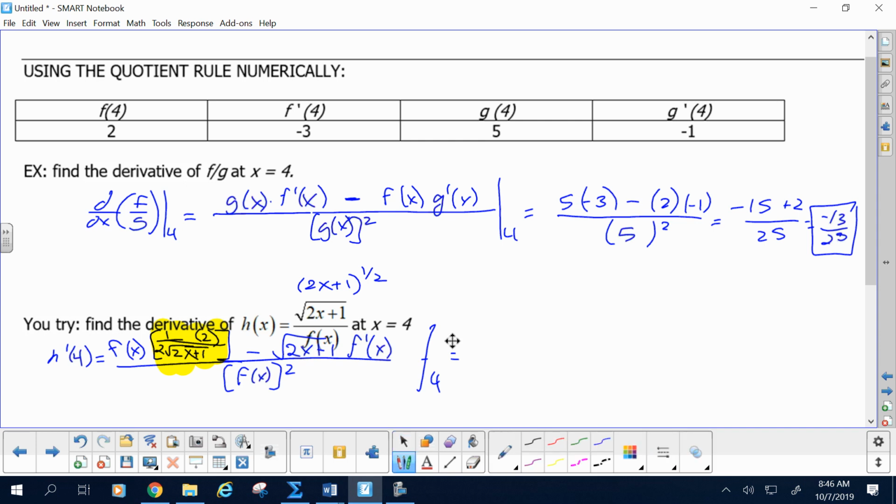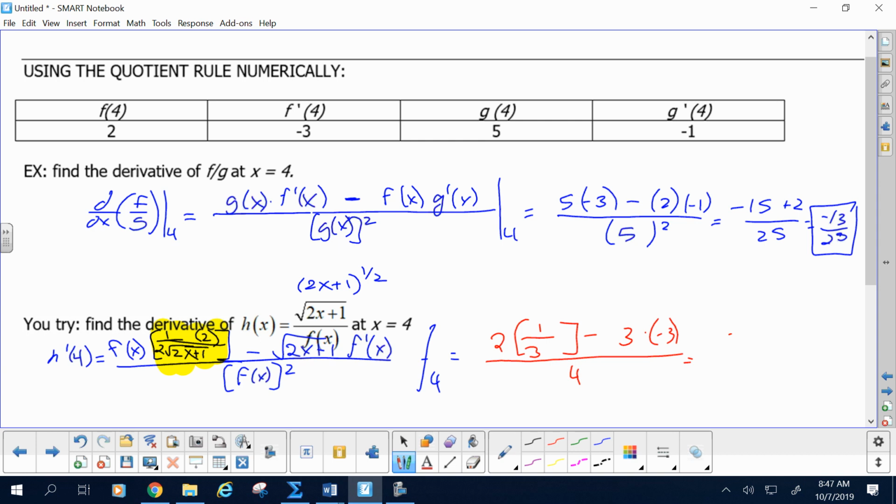So what is f at 4? 2. What'd you get for the d high? 1 over, you said 1 over 3? I agree. And then root, 3. And f prime is negative 3 over 4.